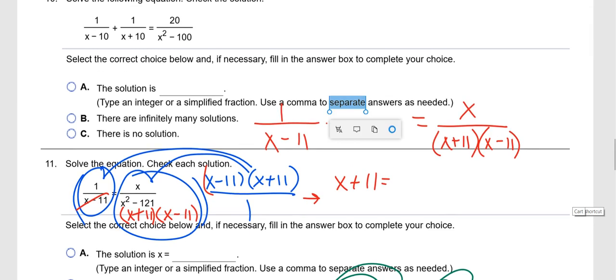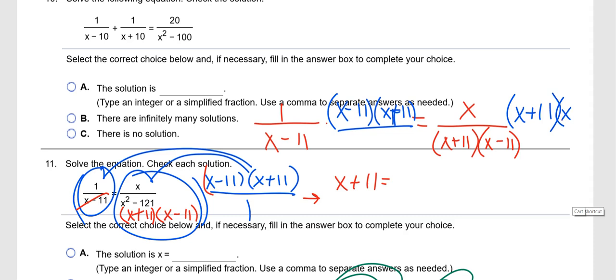Okay, so we're going to multiply by x minus 11 and x plus 11. So on this side, just the x minus 11s cancel. That gives me the x plus 11.